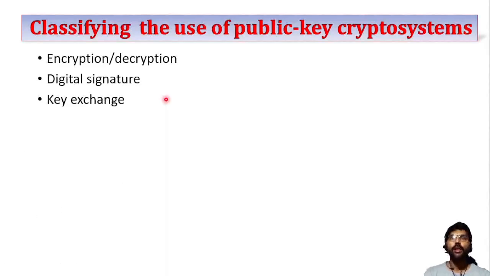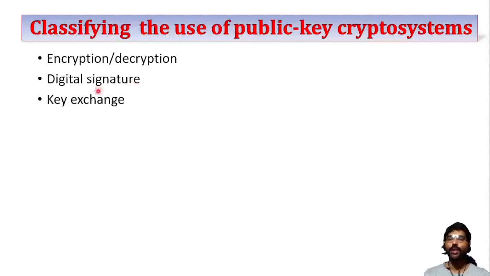In that case, it is better to use the public key sent by the receiver and encrypt the data, because only the receiver can read the data, as he has the private key. So that is the best technique whenever you want to send some confidential information.